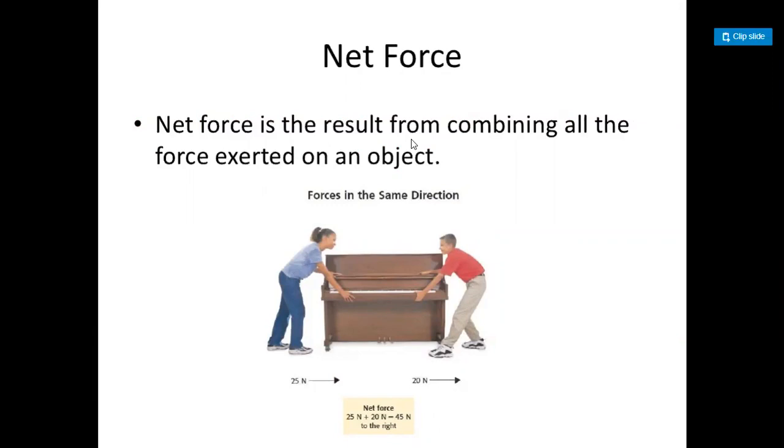The girl pushes with a force of 25 newtons. The unit of force is newtons. And the boy pushes with a force of 20 newtons. So the net force will be equal to 25 newtons plus 20 newtons, which is equal to 45 newtons to the right, because they are applying the force in the same direction.